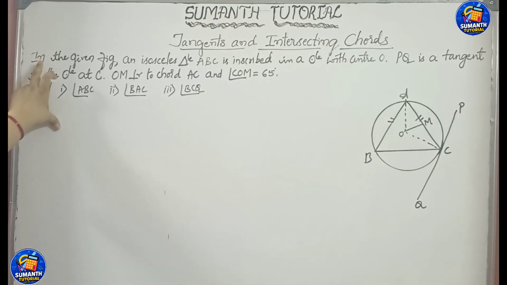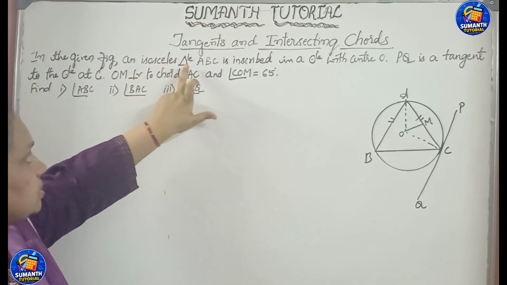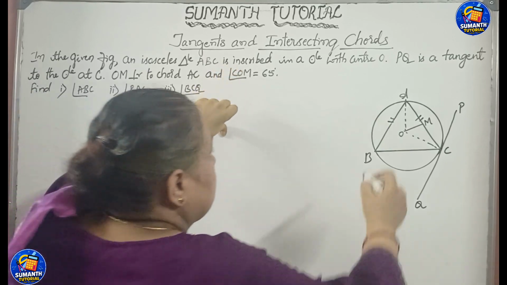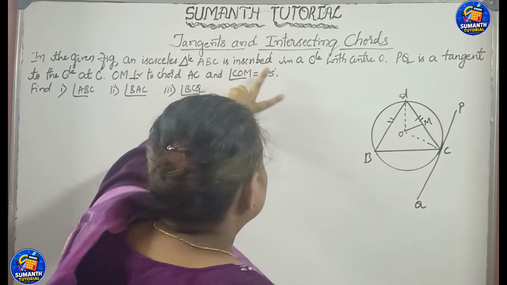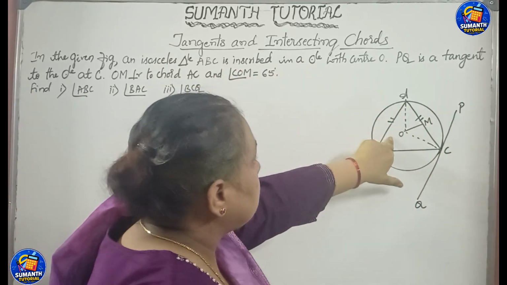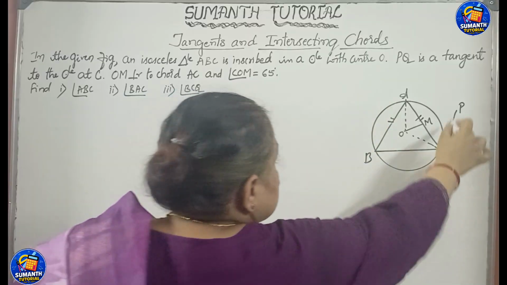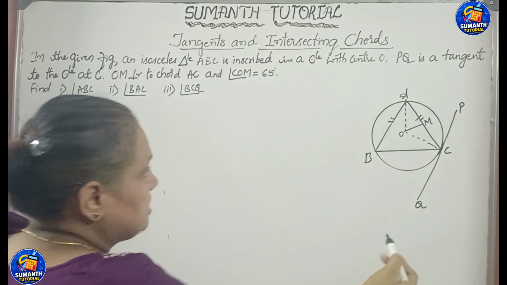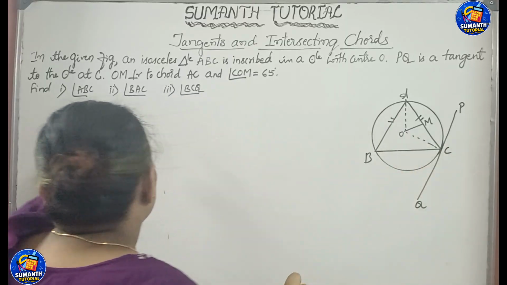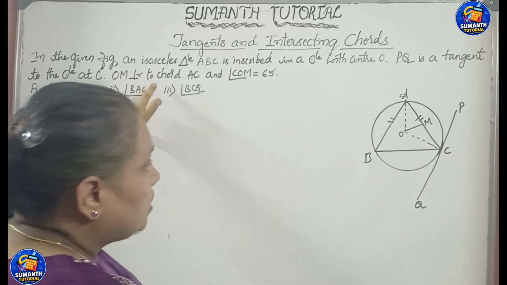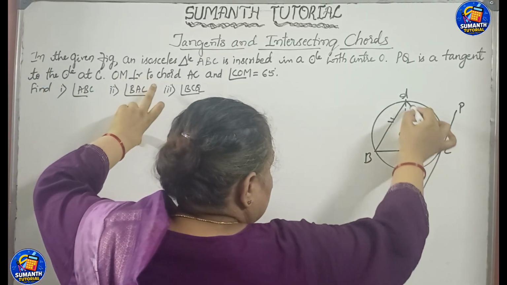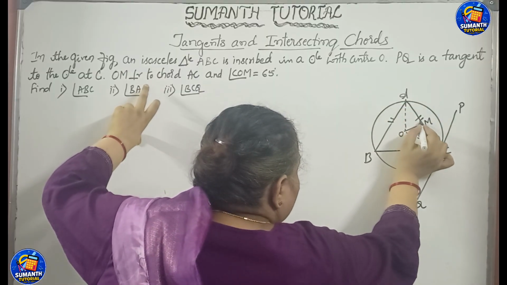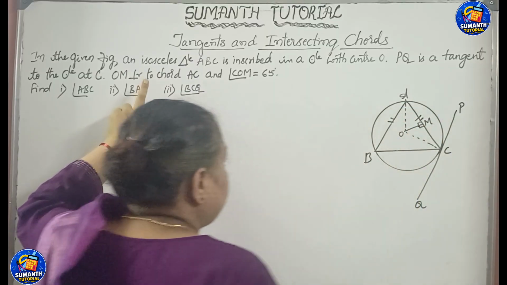Here the question is given as, in the given figure, an isosceles triangle ABC is inscribed in a circle with center O. PQ is a tangent to the circle at point C. OM is perpendicular to the chord, so it will form an angle of 90 degree.